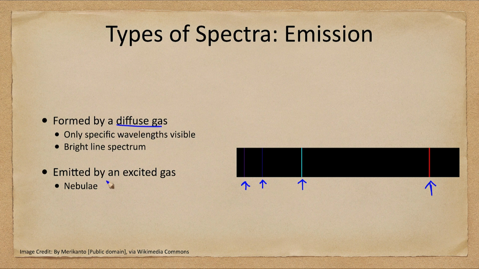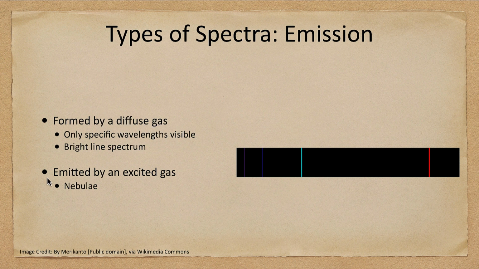And we see this in excited gases, things like nebulae that we will look at, which will give out an emission spectrum. And this is where we start to see that learning what these lines are tells us what objects are made up of. This happens to be the spectrum of hydrogen gas. So if we see this spectrum, then we know that hydrogen gas is present.